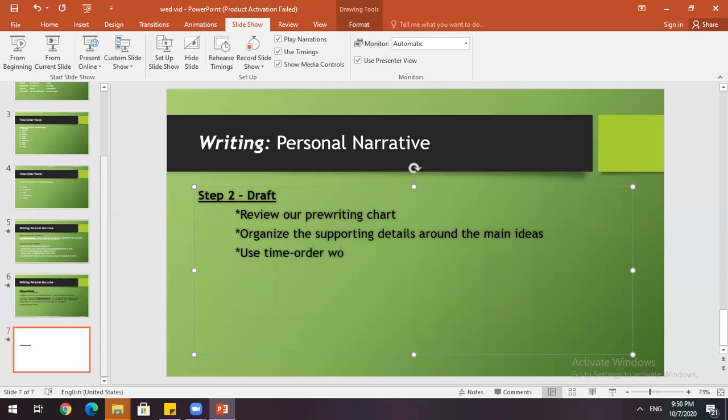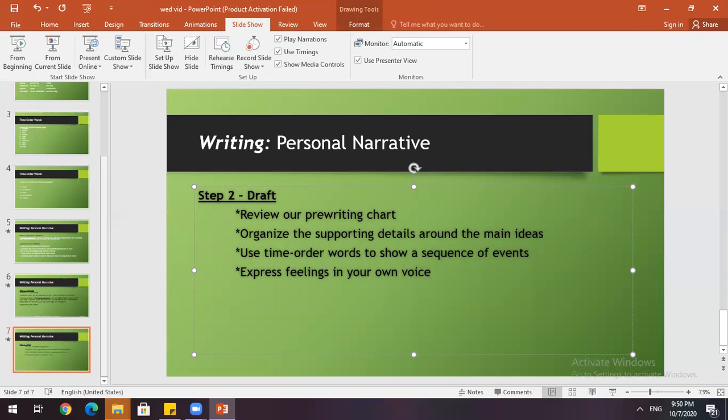This is very important to show a sequence of events to make it easy for the reader to follow. We express feelings in our own voice, so express feelings in your own voice.